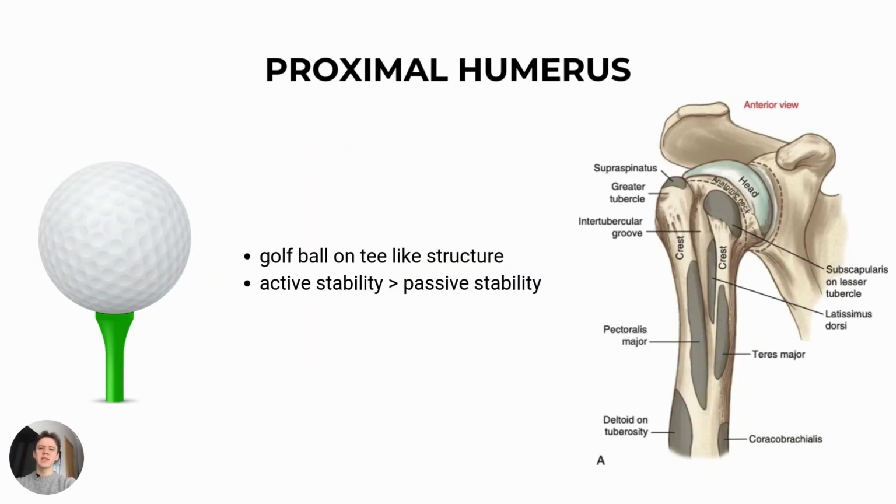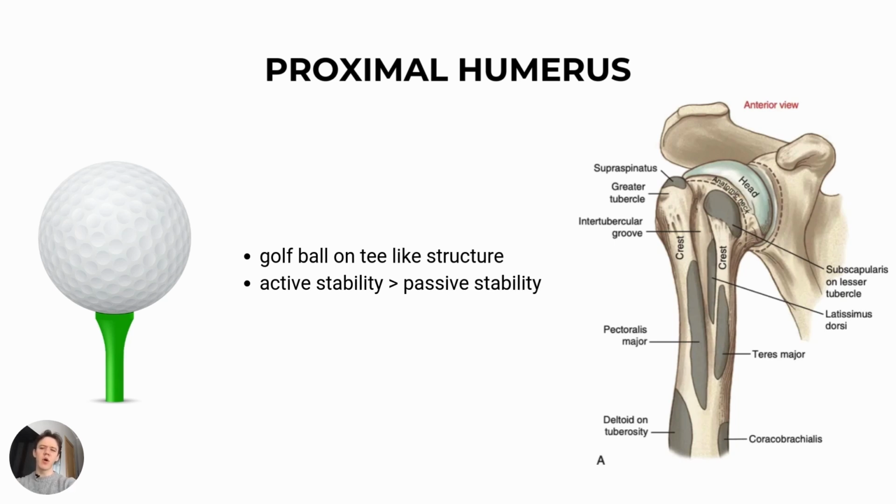When we go next and see how the proximal humerus looks, the shoulder joint as we used to name it, we can see the interior part of the proximal humerus and its muscle attachments. Here the key anatomical feature is the head of the humerus inside the glenoid fossa.